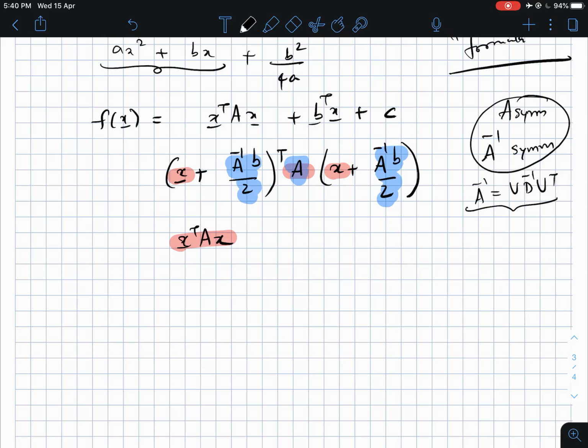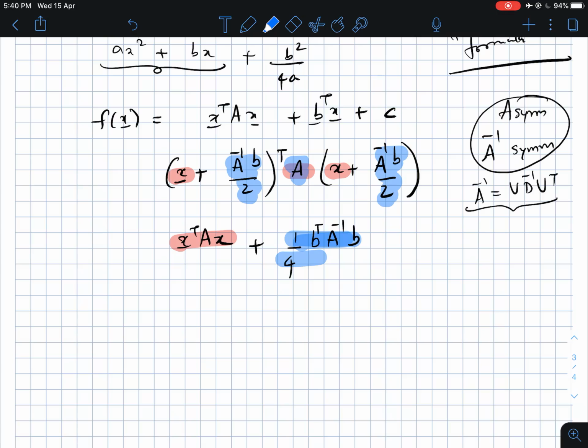You will get B transpose, and there's going to be a factor of 1 by 4 that will come, A inverse A A inverse B. There are multiple A inverses here, so I can just remove these two and write B transpose A inverse B. So this is the next term that will come up here.